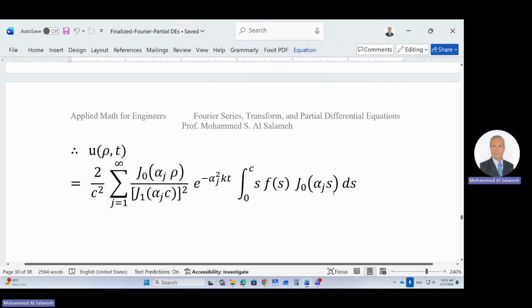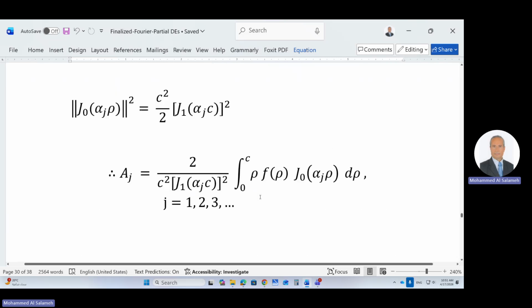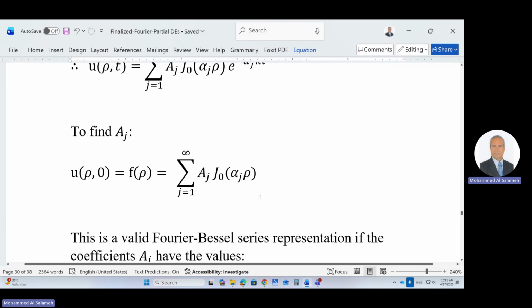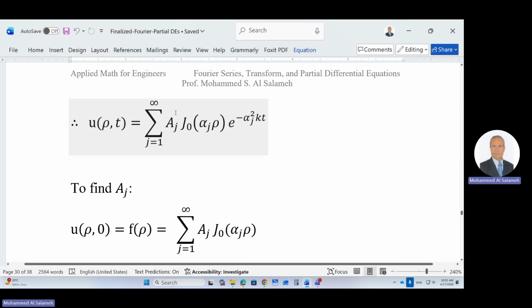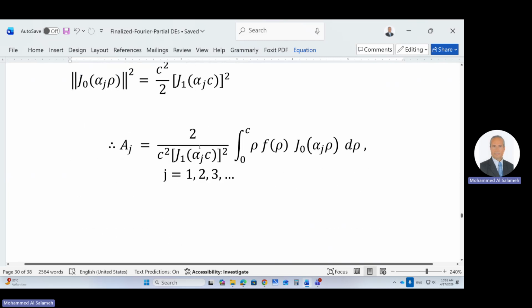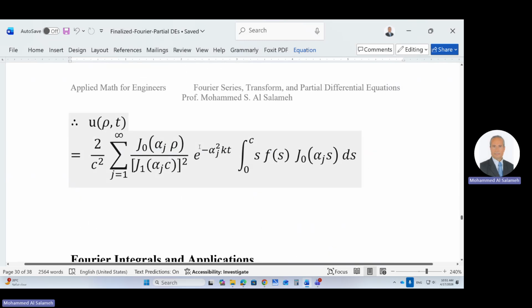And the final solution is this. We substitute the coefficient a j in the summation to obtain the final solution. So this is the final solution: 2 over c squared, the summation of J0 alpha j rho over J1 squared, exponential minus alpha j squared kt, times the integration from 0 to c of s f of s J0 alpha j s ds.